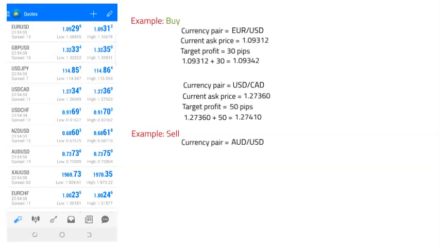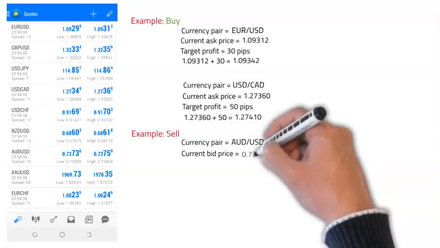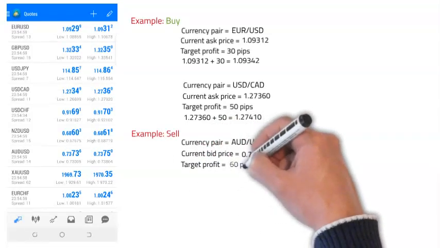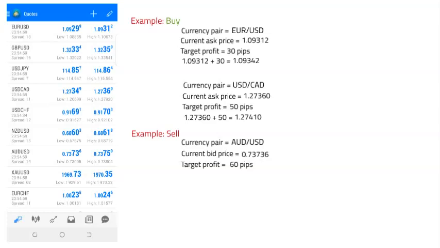Remember, now we are interested in the bid price because we are selling, and the bid price is currently at 0.73736 in the image, and I want a take profit of 60 pips. What would be the value of my take profit? Here, because we are expecting it to fall, our take profit will be below, not above.